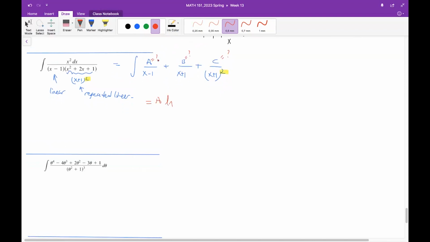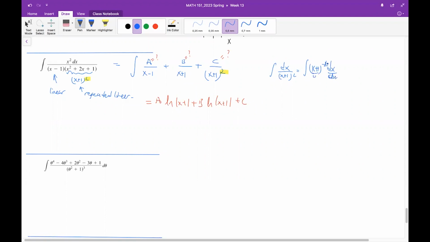A times dx over x minus 1 is A ln|x minus 1|. Then B times, similarly, ln|x plus 1|. And this part is C times x plus 1 to the power minus 2 dx, and it will be evaluated with the power rule. If u is x plus 1, this is du.